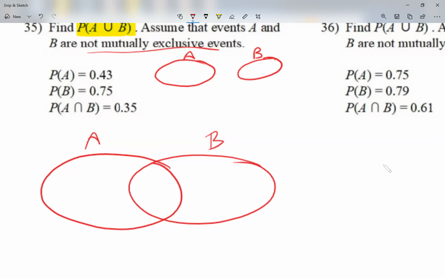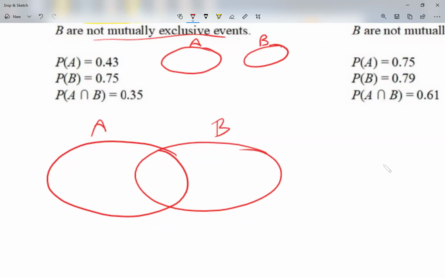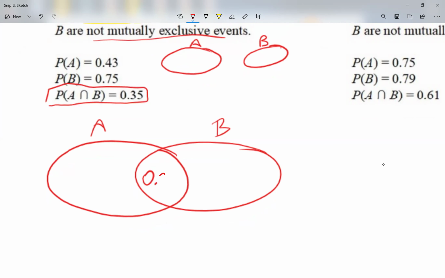So we have the probability of A is 0.43. Probability of B is 0.75. And the probability of A intersect B is 0.35. Okay, I have the intersection. So that means this space that they both share is 0.35.